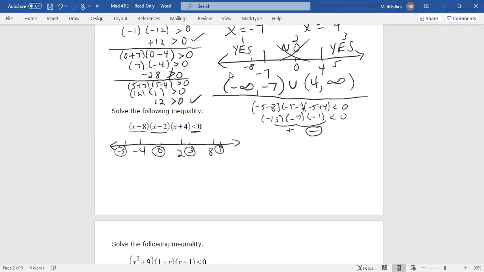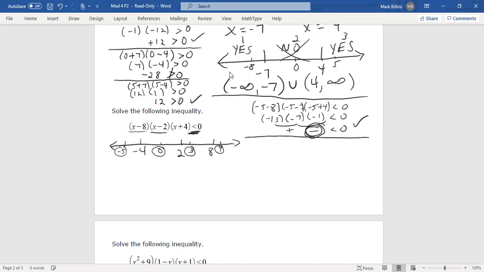So a negative is less than 0, so it would work for that value. Again, I'm just looking at signs. If you have an odd number of negatives, your answer is going to be negative. And what are we looking for in this case? A negative, because I'm looking for numbers that are less than 0.